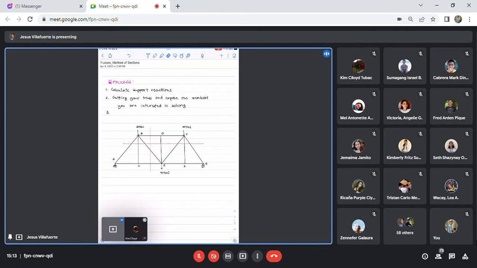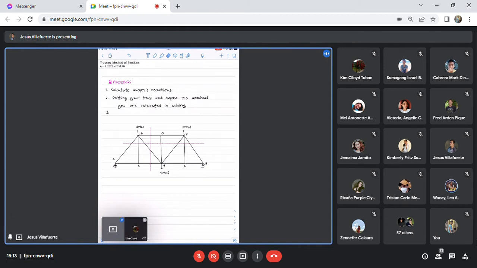So we can actually have a different technique. It can be horizontal or vertical, but you have to understand that you should only pass through as few members as possible. When you cut it vertically, we pass through three members, BD, BE, and CE.